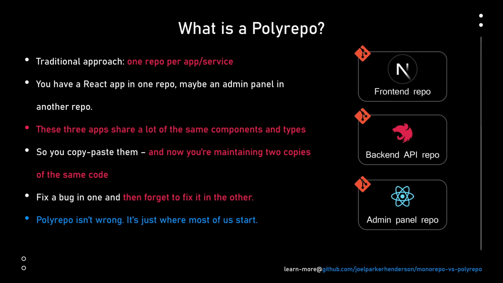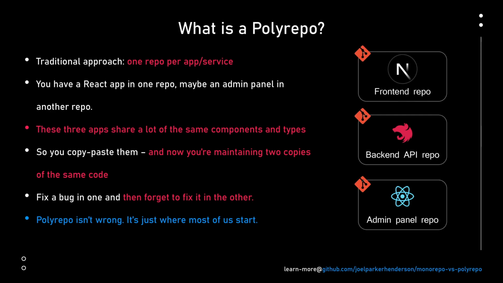For example, the backend provides code that we can also use in the front end, and in the admin. That's one of the issues. Another is you fix a bug in one and then forget to fix it in the other.